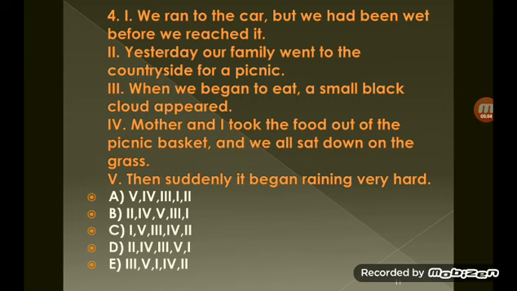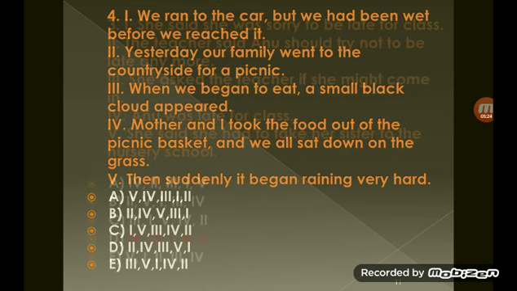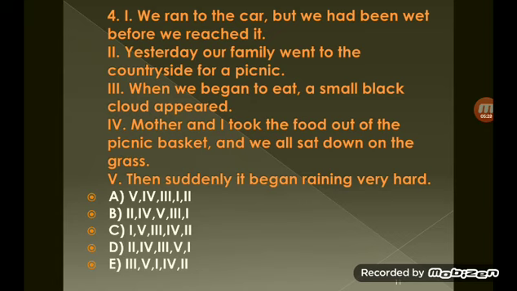This is the fourth question. Here there is another way to begin a passage like this. See this A option: then suddenly it began raining very hard. So this cannot be the opening sentence.